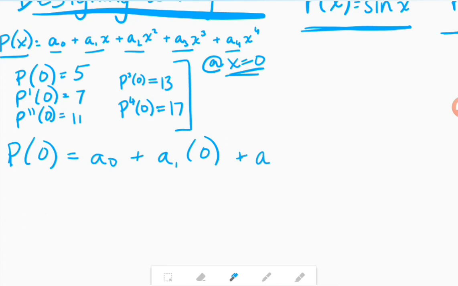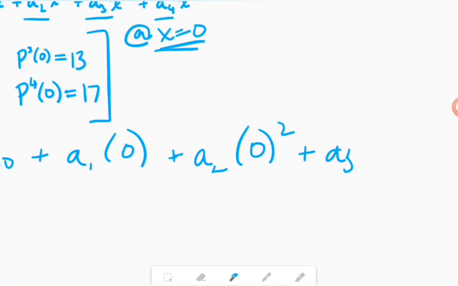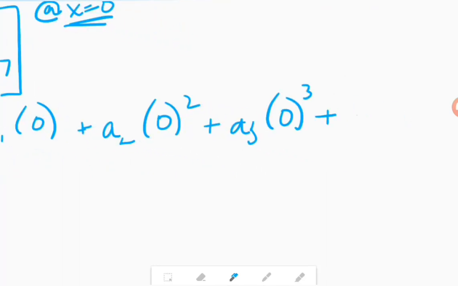Plus a sub 2 times x squared, 0 squared, plus a sub 3 times 0 cubed, plus a sub 4 times 0 to the 4th.